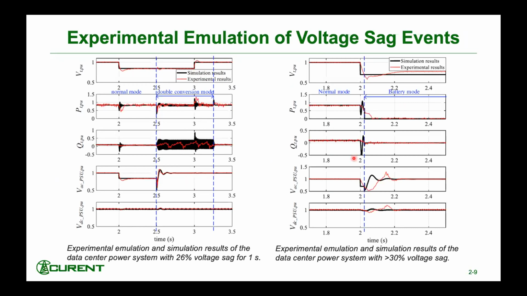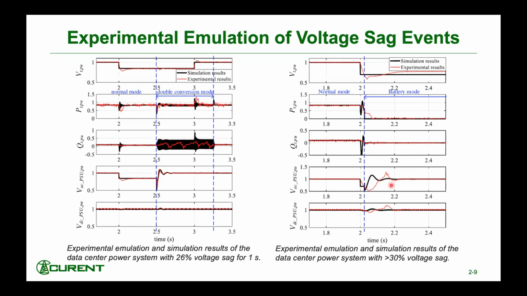The second one shows a more severe voltage sag event with more than 30% voltage drop. So to protect the power supply and the IT equipment, the data center load is actually disconnected from the grid. So the power drops to 0 after the load shedding.